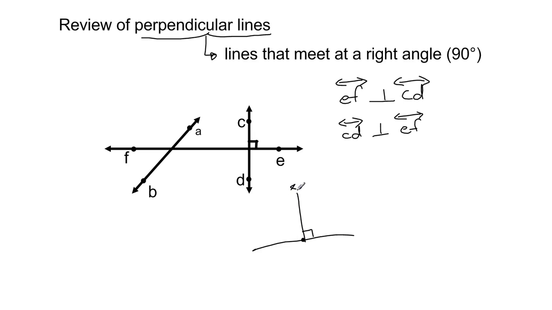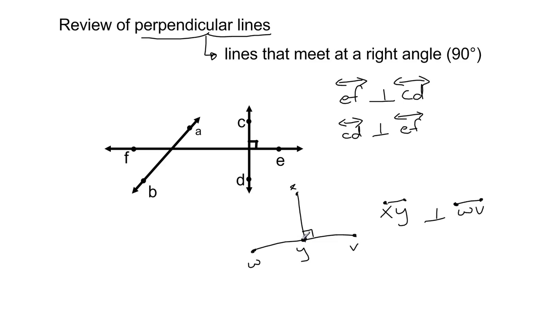You could have line XY and say line segment WV. In this case, line segment XY is perpendicular to line segment WV. All right, so they don't necessarily have to cross over, more so meet. Okay, so where they meet, they make an intersection point.